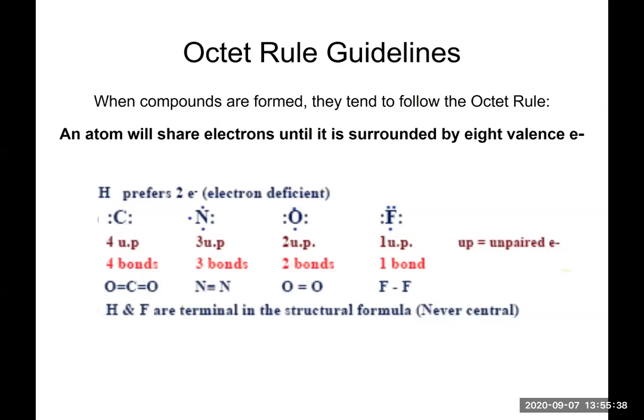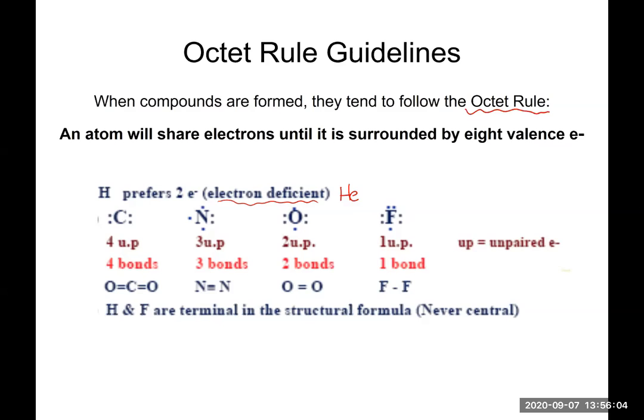So when compounds are formed, they follow this octet rule, or hydrogen and helium follow the duet rule. Hydrogen, for example, prefers to have 2 electrons. It's electron deficient, and helium will just add to that, because helium is the Noble gas that is closest to hydrogen.